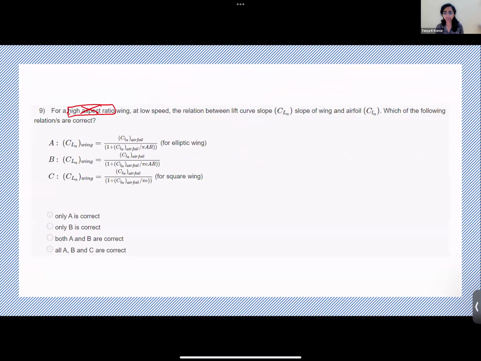Which of the following is correct? Which is the right answer?